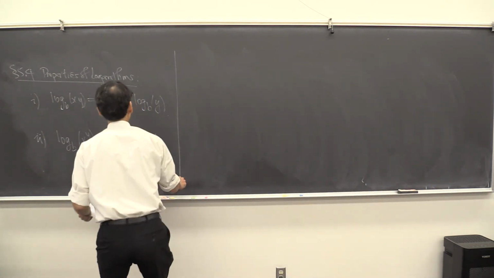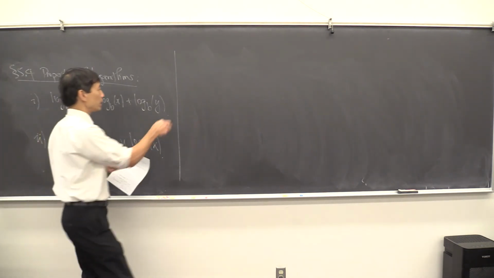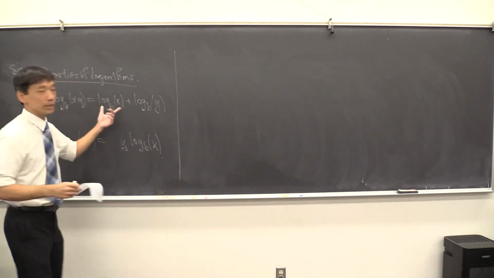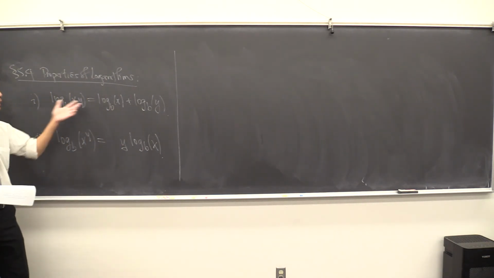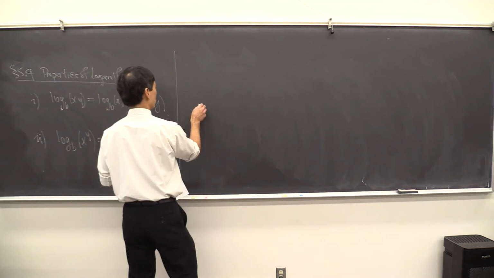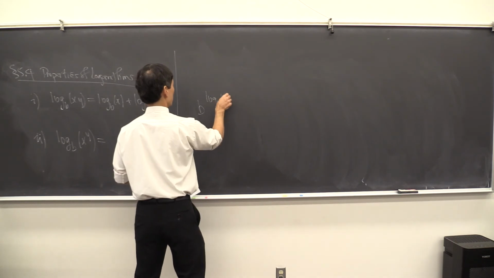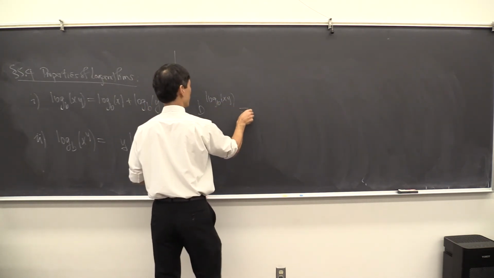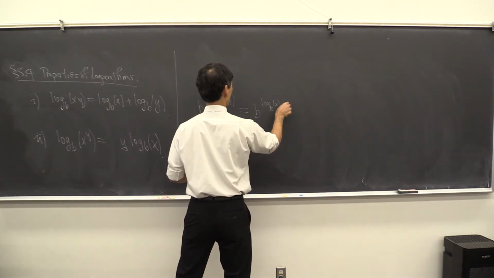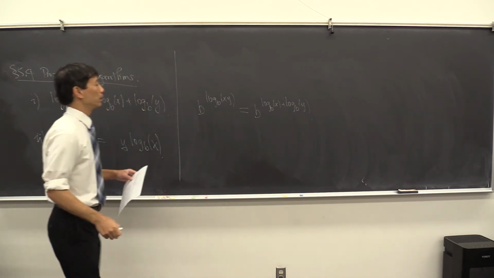Let's think about it. Let's try to change these things into exponential form. Let's exponentiate both sides and see what we get. If we say over here, b to the log base b of xy equals b to the log base b of x plus log base b of y.